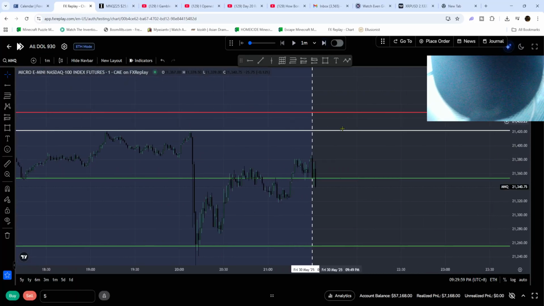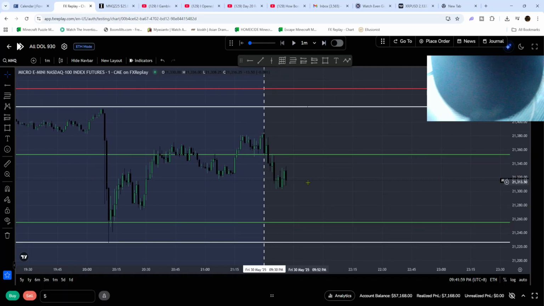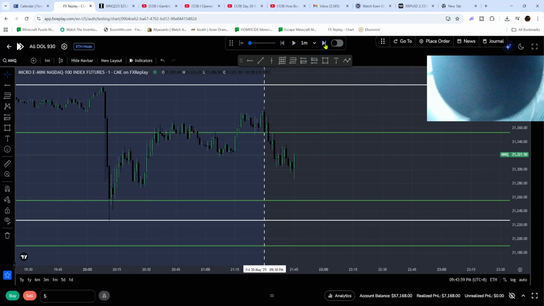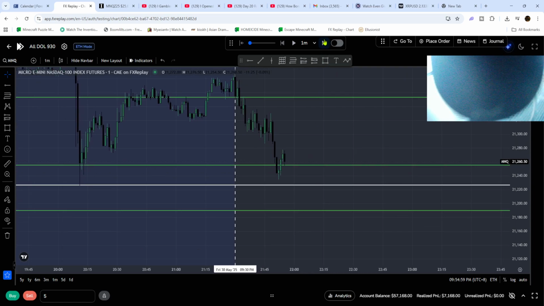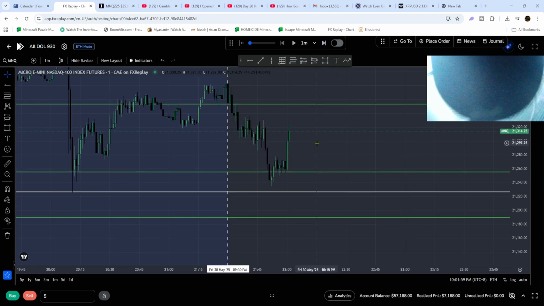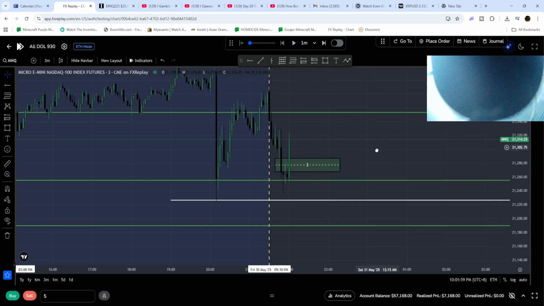Okay, let's see where price moves. Price pushes lower. Inverses a 1 minute. Goes back down. Pushes lower again. Okay, inverses something here. Inverses a 3 minute. Yeah, not 5 minute. I would say 3 minute. Inverse the 3 minute gap.